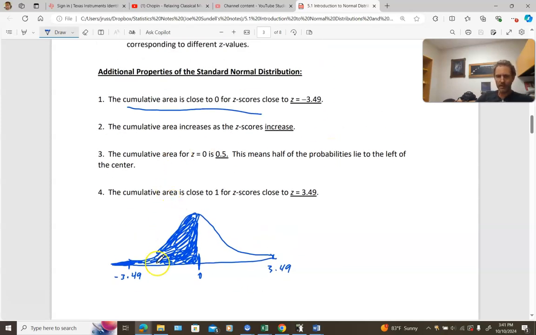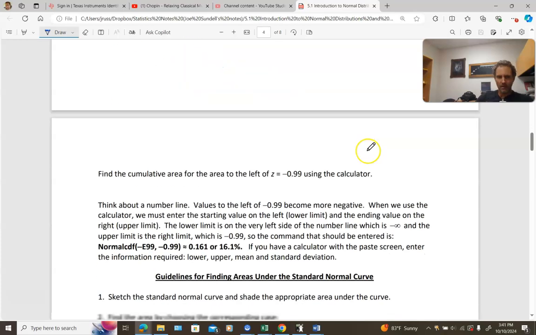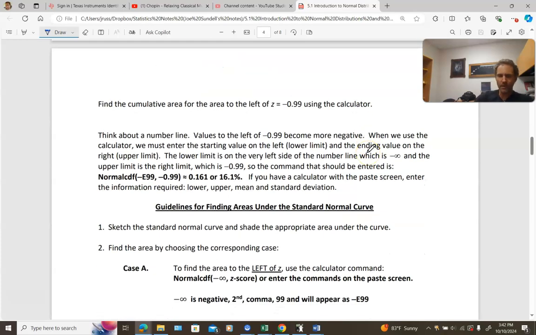Okay, so we want to get some practice trying to figure out how much area is to the left of a specific z-score. And fortunately for us, we can use technology to do this. So let's say we wanted to find the cumulative area for the area to the left of a z-score of negative 0.99.